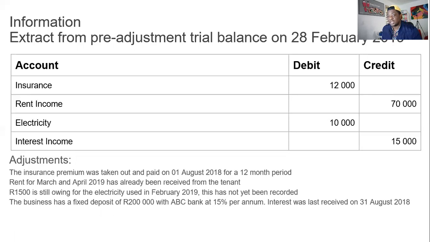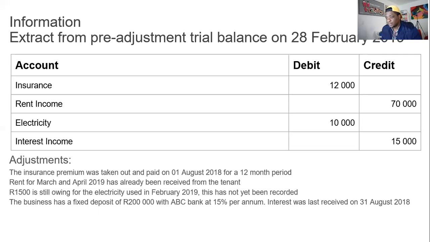But you know that the year ends on the 28th of February 2019. So March 2019, April, May, June, and July fall outside the financial year, and therefore that will be regarded as a prepaid expense, and that amount paid in advance will not be included as an expense in the income statement.